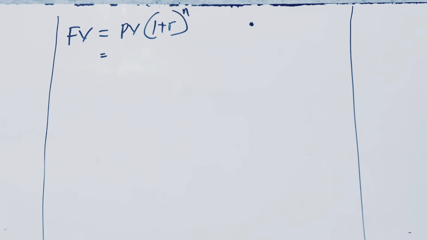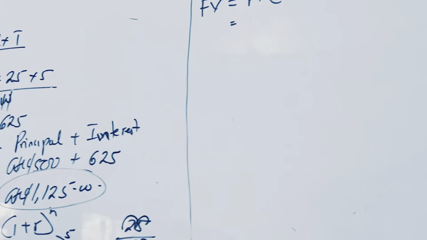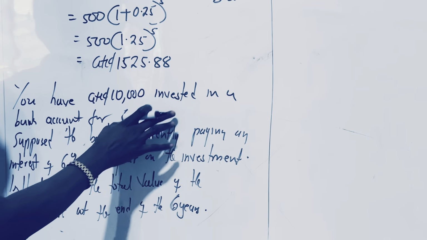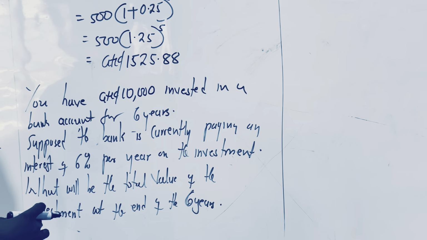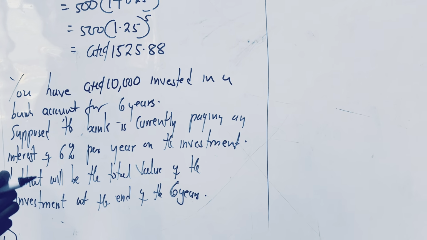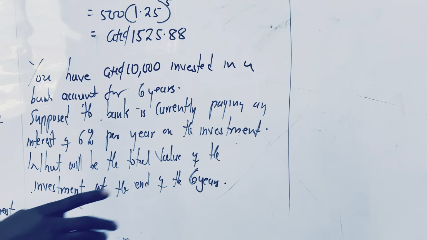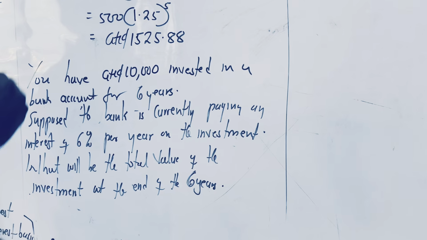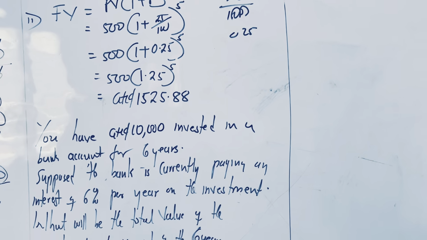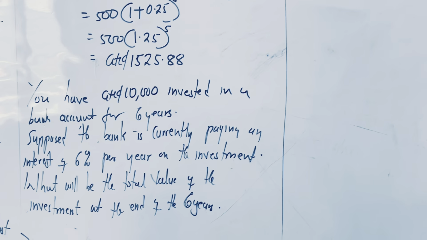So you see, if you want to embark on any investment, this is the formula we use in real life. So I have 10,000. I want to leave it for 6 years. So if you want to embark on any investment, whether fixed deposit or so, you should know the interest rate of that particular bank, so that you know how long you should leave your money, assuming you are looking forward to a particular amount of money in the future.